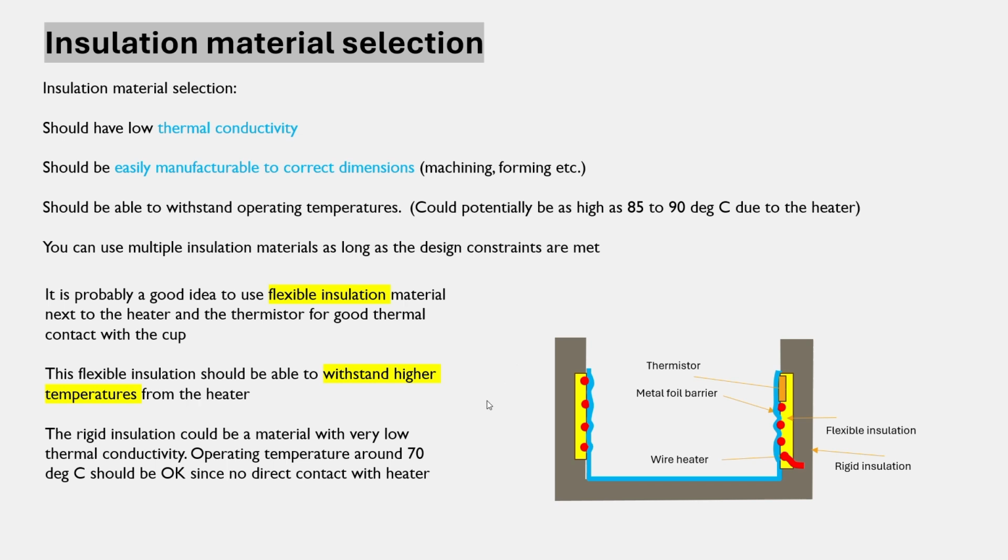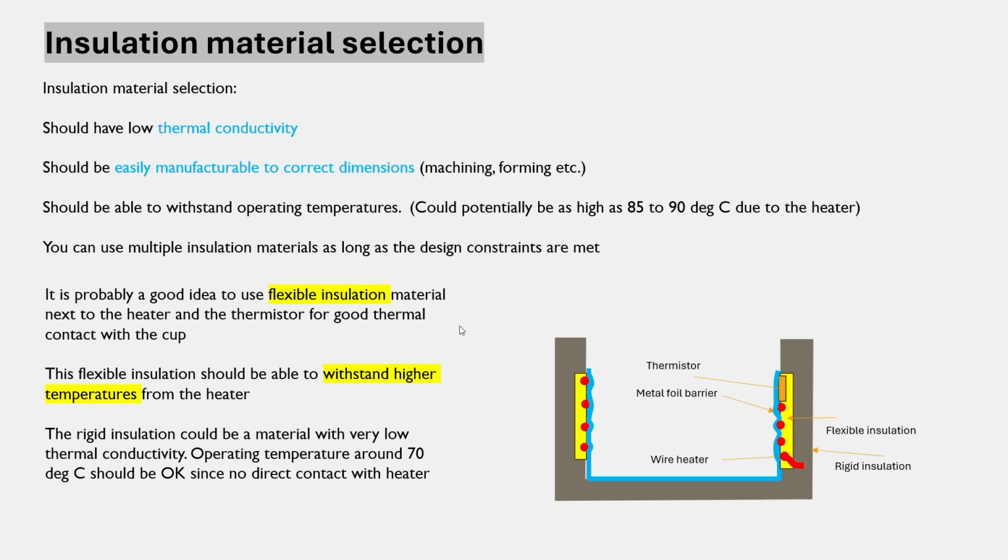Okay. So operating temperature, let's say for this gray material is 70 degrees C, and if you use a flexible material like glass wool here, which has very high operating temperature, then it should be safe to operate these two together, even if the temperature here gets close to 90 or 100, because it will be protected by the yellow material.